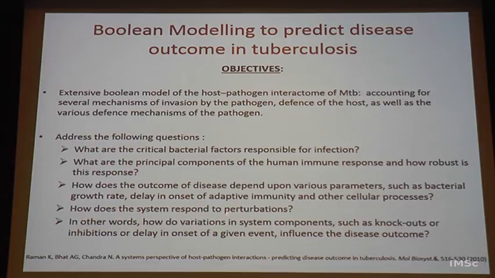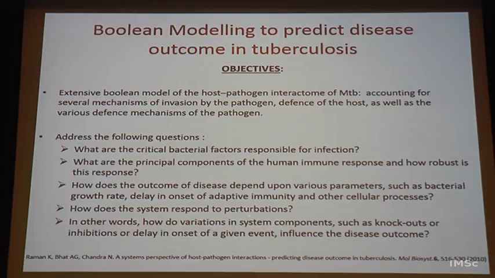You can do that. And are there other cellular processes? Is there a co-infection with HIV, for example? Is there a comorbidity? There is a strong link between diabetes and tuberculosis, for example. So is there a comorbidity coming about, and does that affect the outcome? Of course, not all are in the model, only some of them are, but you can ask questions of that kind.